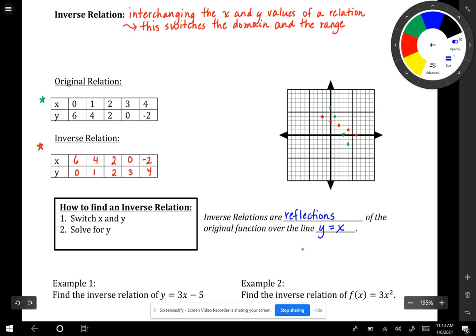Remember, y equals x has a slope of 1 over 1 because that's the number in front of x. And the y-intercept is 0. So start at 0, 0, and then rise 1, run 1 to the right, and keep repeating it.